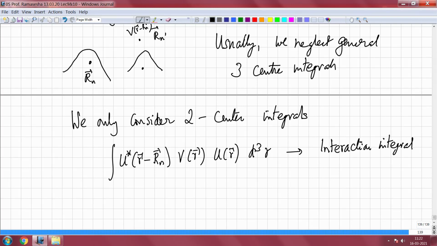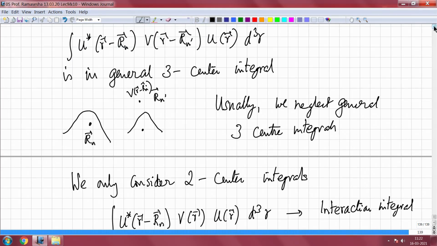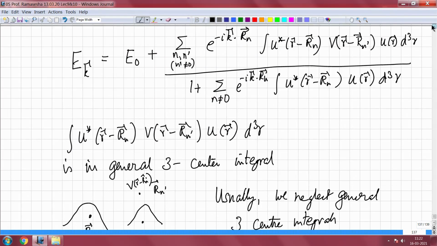You can even think of it as a hopping integral or a transfer integral in general. If you take E naught to be 0, then the Hamiltonian only has these terms.